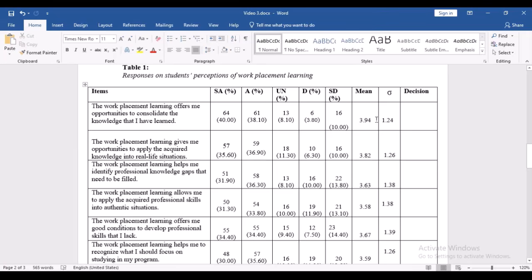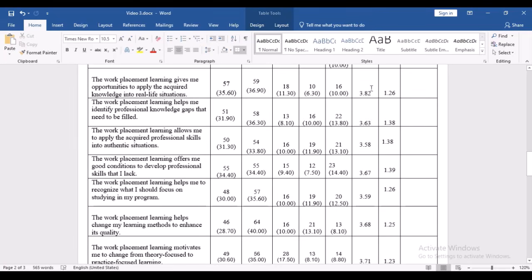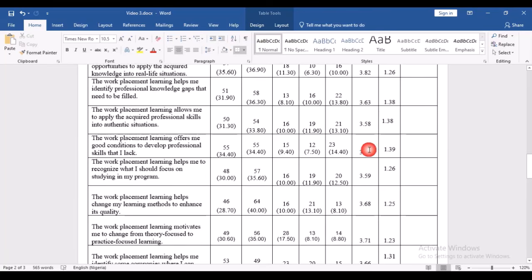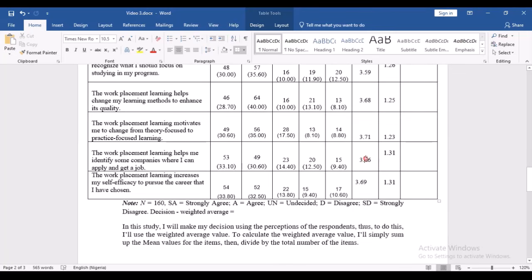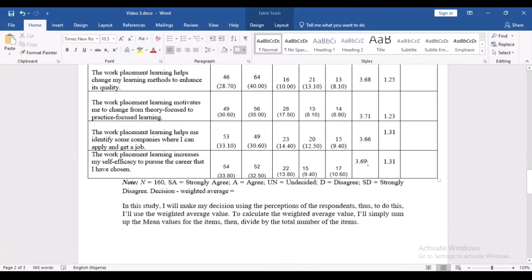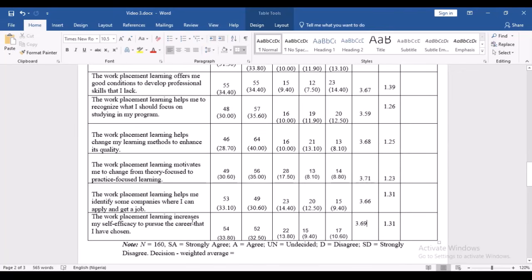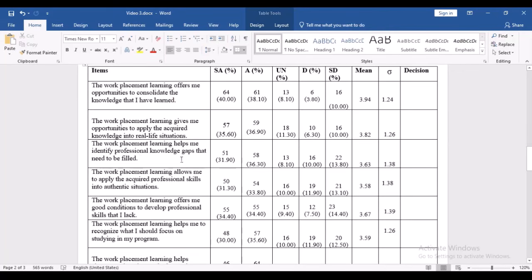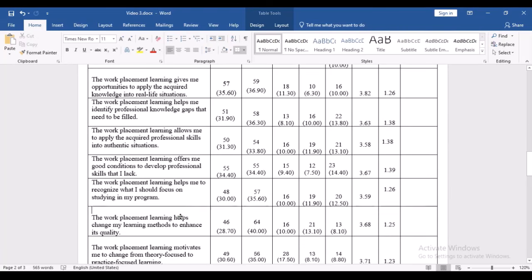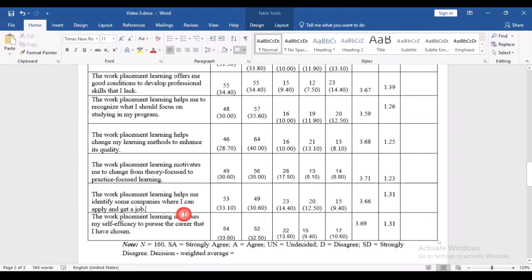To do this, I will calculate 3.94 plus 3.82 plus this, plus this, plus this, plus this, plus this, plus this, plus this, and plus this. Then I will divide it by 10, that means the total number of items, which is 1, 2, 3, 4, 5, 6, 7, 8, 9, and 10.